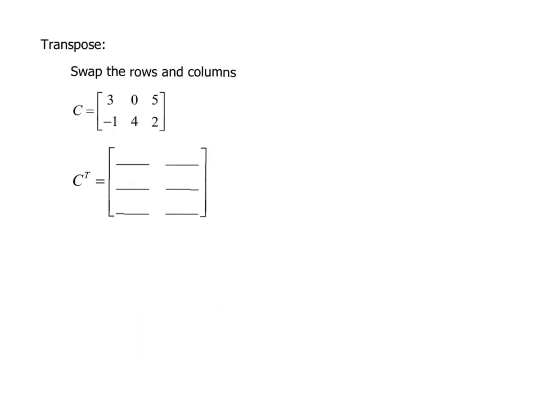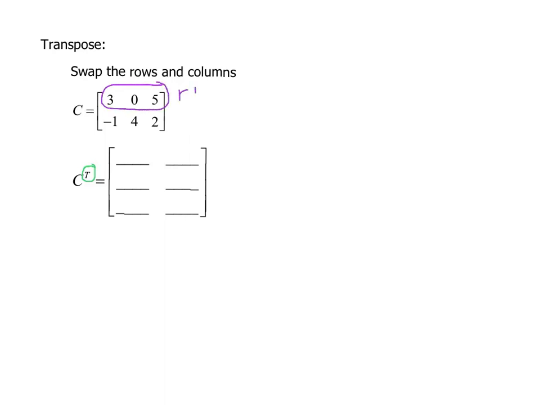One last operation that is handy is called the transpose. Notice that for the transpose, we put a little t up in the exponent. We don't actually say C to the t, we just say C transpose. What this operation does is swap the rows and the columns.